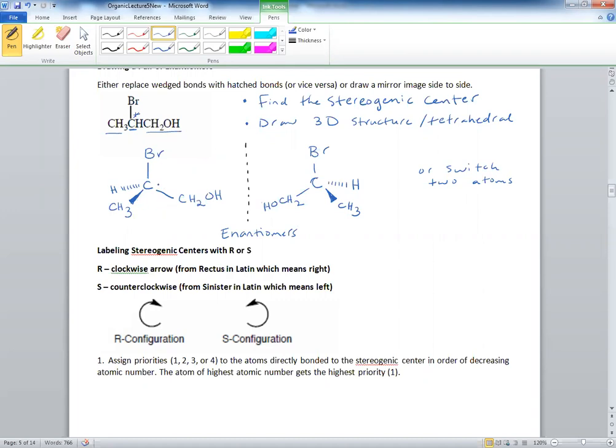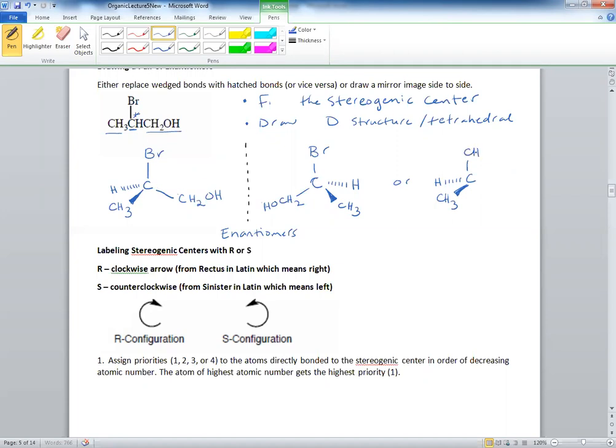So I can keep the H and the CH3 the same, and I can switch these two, the Br and the CH2OH.